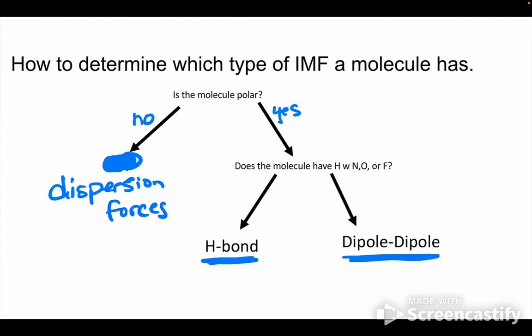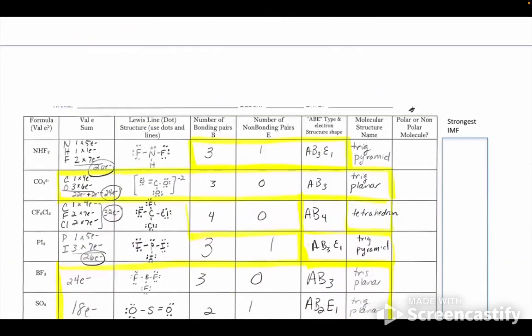If it has hydrogen with nitrogen, oxygen, or fluorine, then it's an H bond, or hydrogen bond, which, remember, is not really a bond, it's an attraction between molecules, an IMF, but we call it a hydrogen bond. And if it's not that, but it's still a polar molecule, then it's going to have dipole-dipole forces.